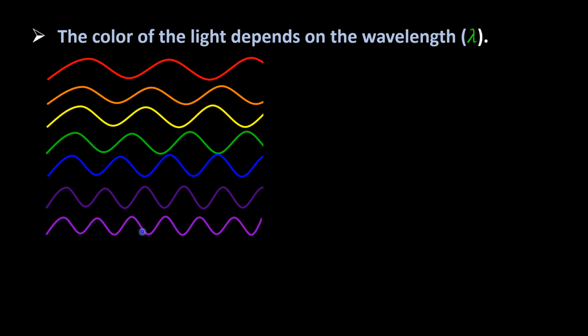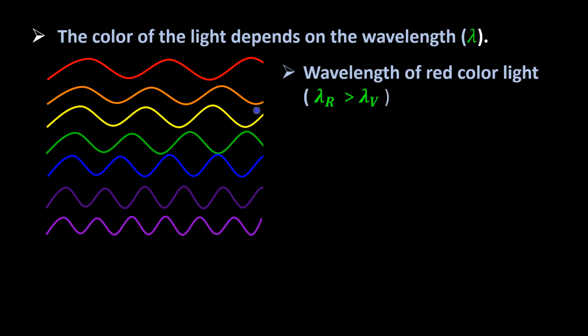Indigo, violet. See here, wavelength of red color light, that is lambda r. I am representing the wavelength here. So the wavelength of the red color light is more than the wavelength of the violet color light. Lambda r is more than lambda v. Okay.